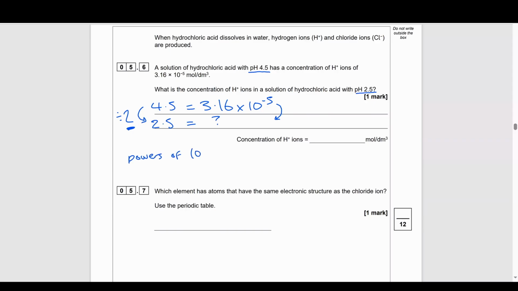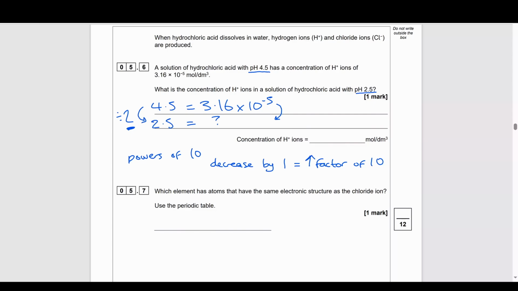So that means now that if we have a pH that has decreased by 1, that means that our concentration has actually changed by a factor of 10. And it's actually increased by a factor of 10, because as the pH decreases, the concentration of hydrogen ions increases. So look at our difference, it's a factor of 2.